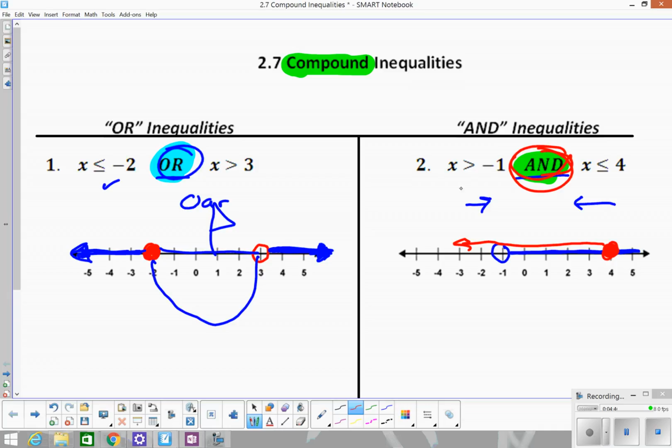So for this inequality to be true, my value has to be greater than -1 but less than, or sorry, +4. So for an and inequality, it is where these two lines overlap, which is right in the middle. Right in the middle.